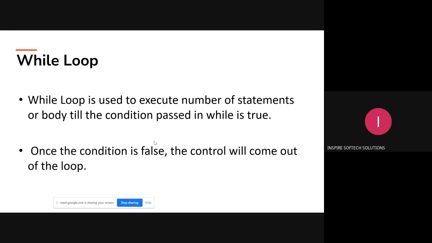Once the condition fails, the control will come out of the loop. After coming out, we cannot say that I'm pursuing in this university. We cannot say that.